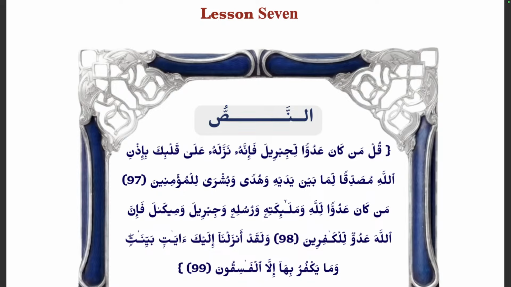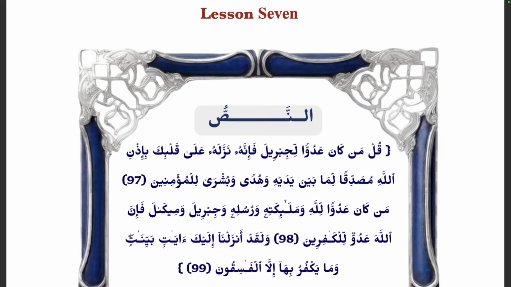We continue inshallah ta'ala with our Arabic language part of our program, summer with Surah Al-Baqarah. And today, inshallah ta'ala, we will continue with lesson 7.